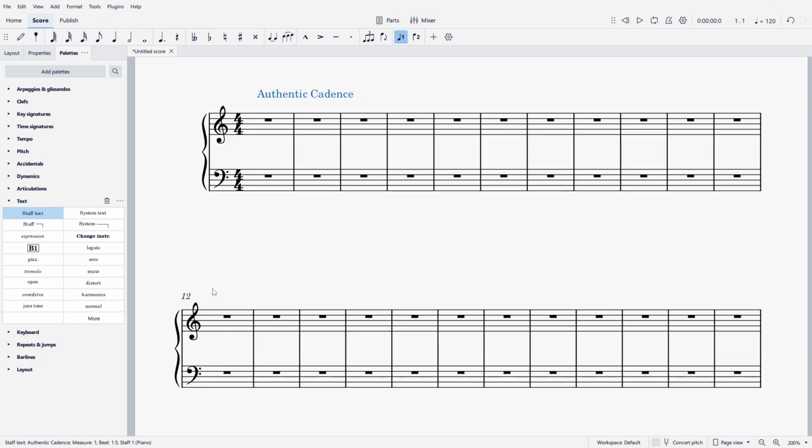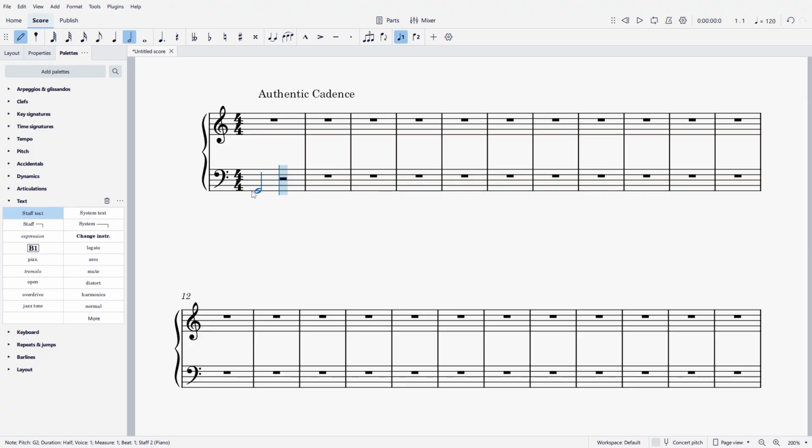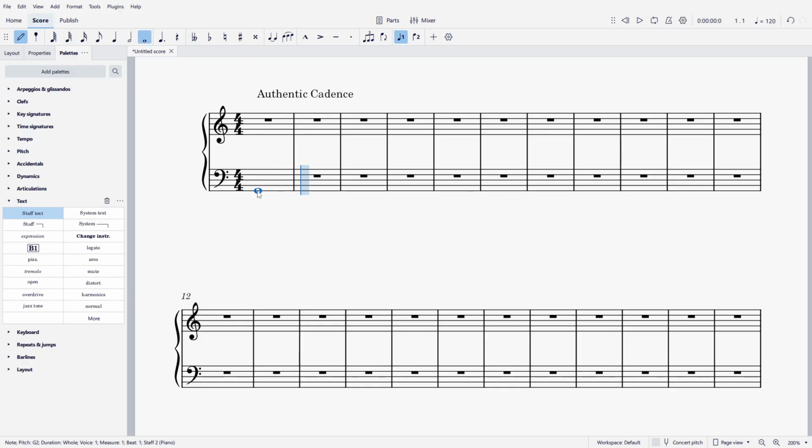So a little hot take on the authentic cadence. Some people say if we're in a minor context and we have a 7th degree chord going to the tonic, of course, a 7th degree chord is also an imperfect authentic cadence.